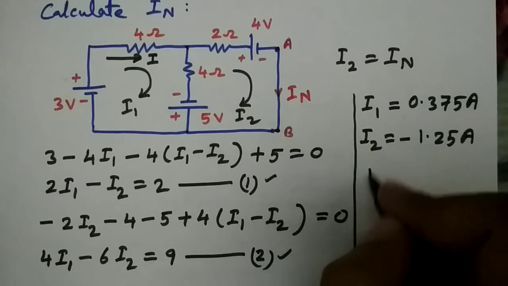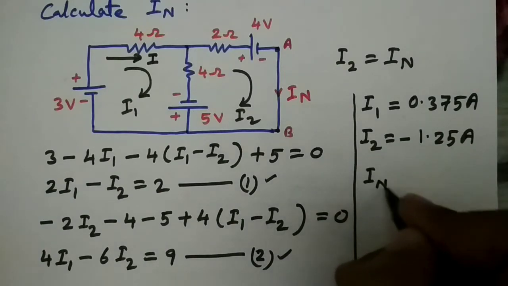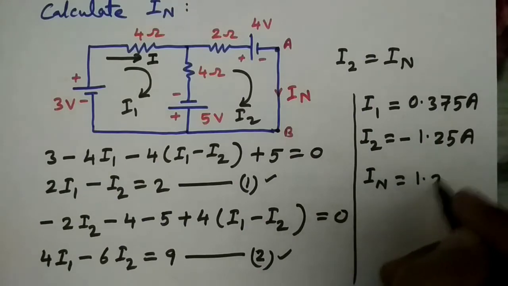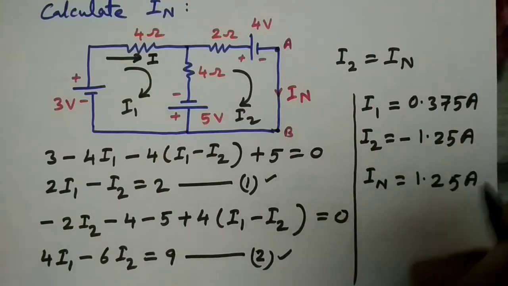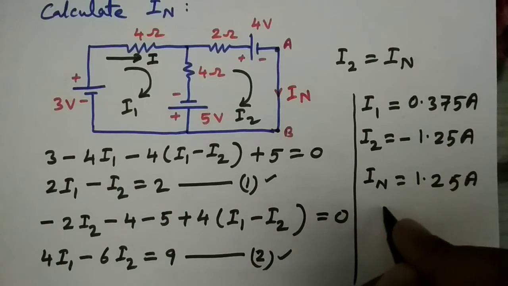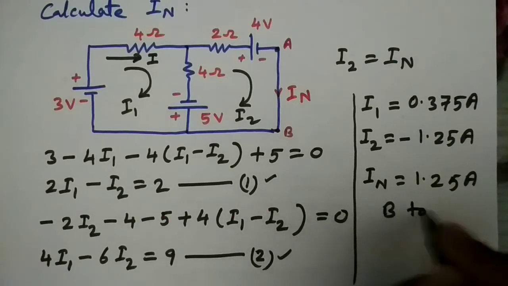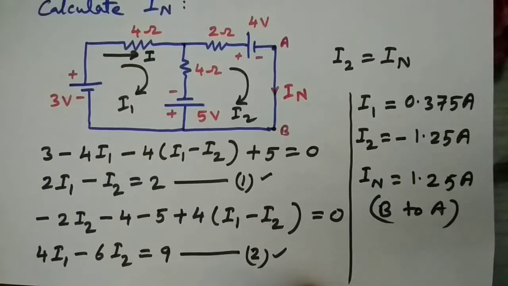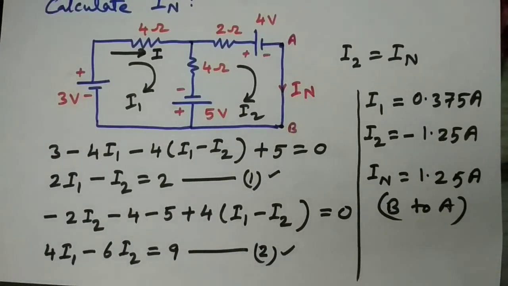Therefore we can write IN is equal to 1.25 ampere and its direction will be from B to A. In the next step we'll draw the Norton equivalent circuit and then calculate the current through the load resistance.